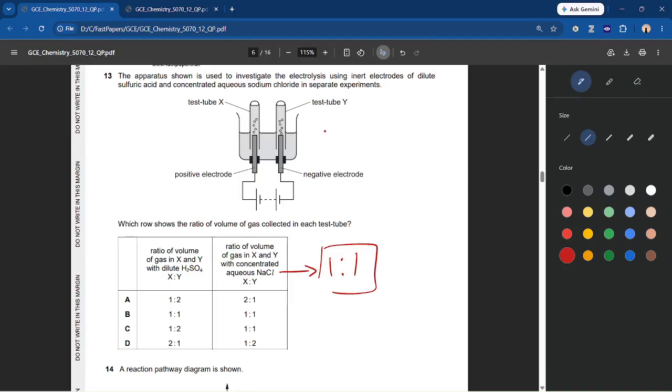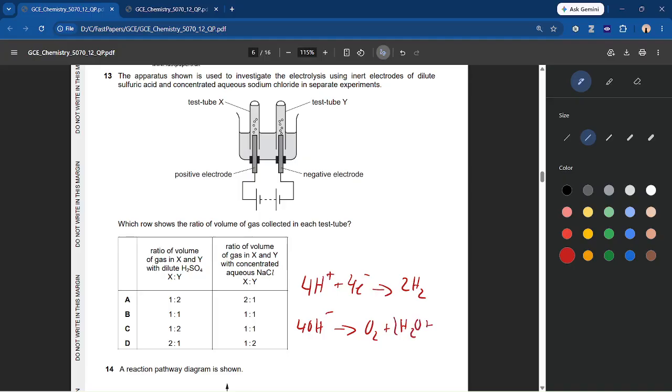All right, so let's begin with H2SO4. For H2SO4, the way this goes is you're going to have 4H plus and 4 electrons giving you 2H2. And over here, you're going to have 4 hydroxide ions turning into O2 plus 2H2O plus 4 electrons. So the ratio over here is going to be 2:1.